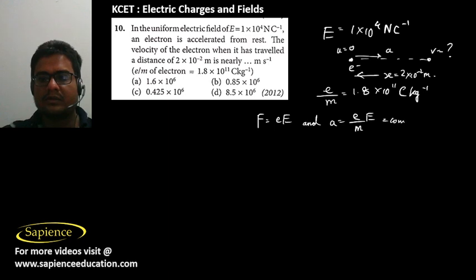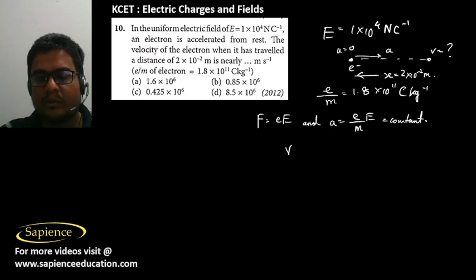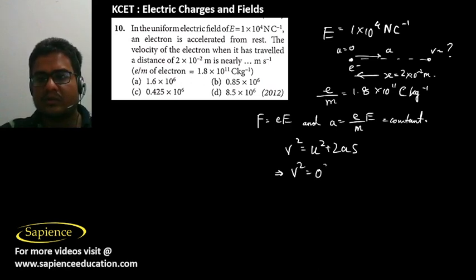Since acceleration is constant, we can apply the equations of motion under uniform acceleration. v square will be equal to u square plus 2ax. Here the displacement is x. So v square will be equal to 0 square plus 2a, where a is eE by m.